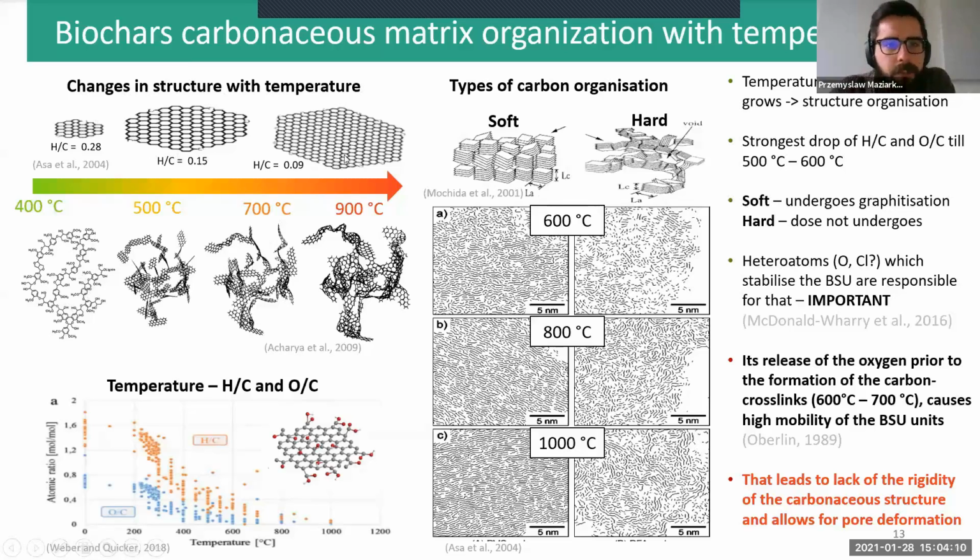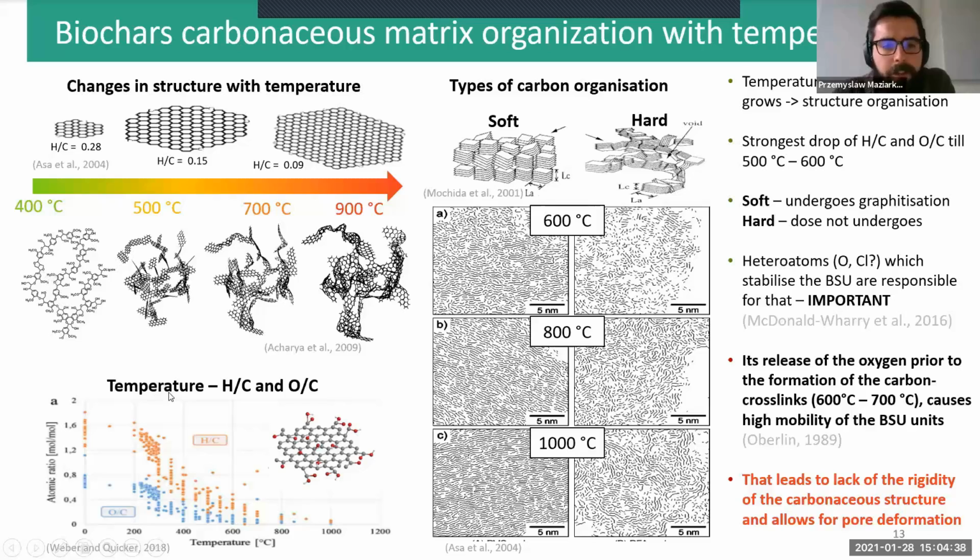Those BSE units shown above are images of structures mostly based on precursors which have very low oxygen content. On the other hand, biomass has very high oxygen content initially. Also, the lignin has a very high content of oxygen.